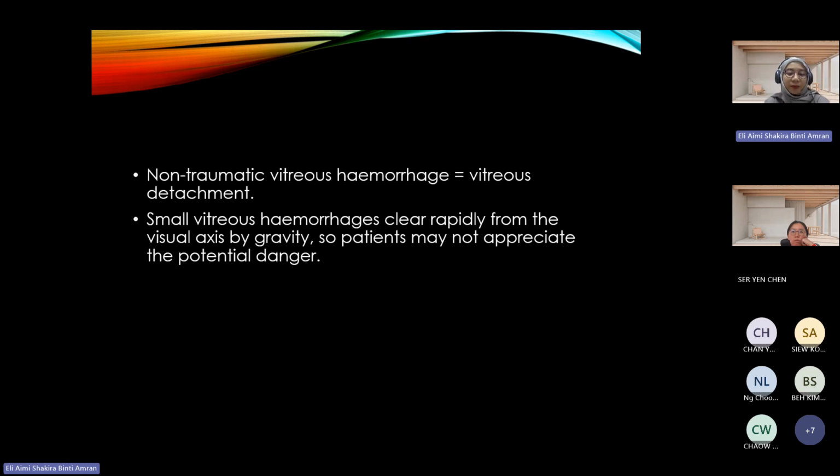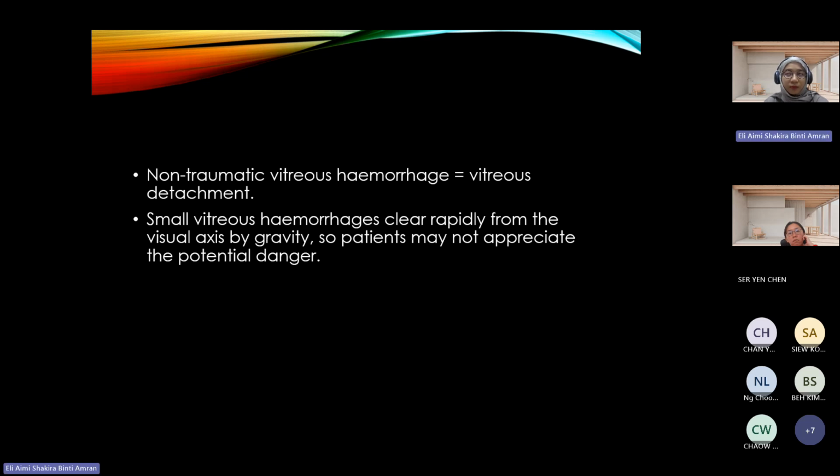Usually patients might not notice or appreciate the potential danger of this hemorrhage. If it's a very small hemorrhage and you're confident enough, you can observe first, especially if it's on the visual axis.